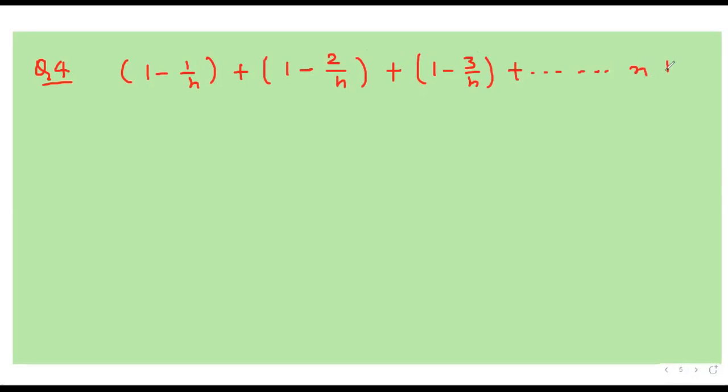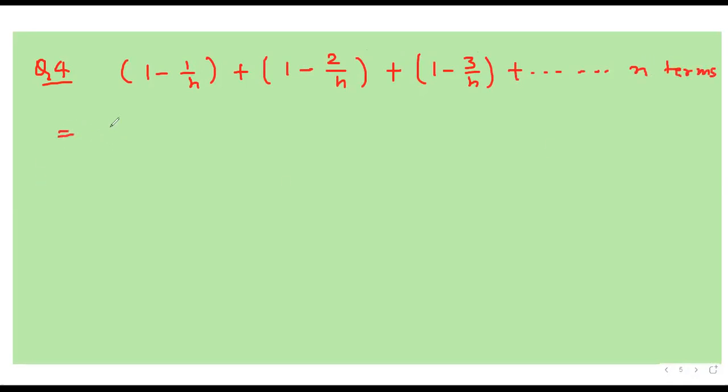The next question is, we are given a sequence 1 minus 1 upon n, plus 1 minus 2 upon n, plus 1 minus 3 upon n, plus and so on till n terms. We have to find the sum.